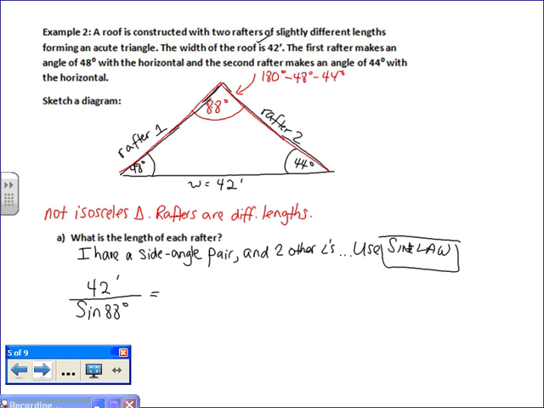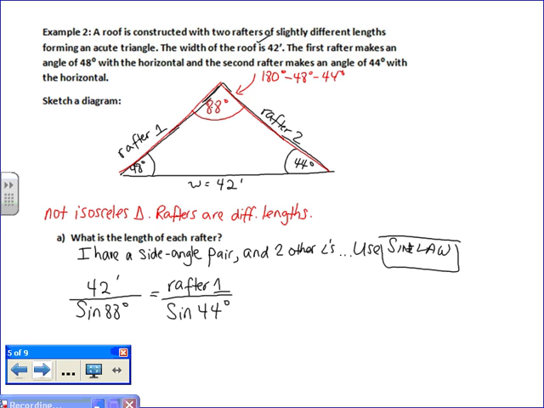So 42 across from sine of 88 is equal to, well, let's solve for rafter 1 first. Rafter 1 will go on the top, since it's a side length, and on the bottom I'm going to put the sine of the angle that's across from it, so the sine of 44 degrees.